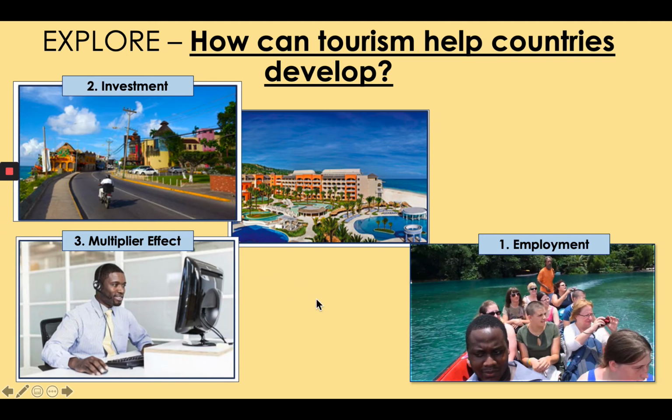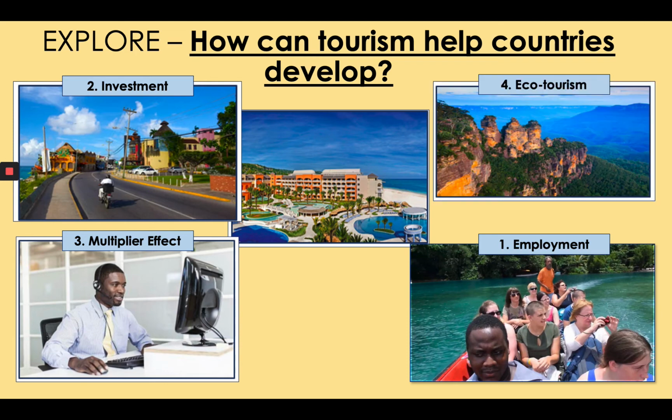Jamaican tourism can encourage people around the world to be aware of its environment and the need to protect it. Jamaica has some very rare species of birds and wildlife that need to be protected. And using tourism, people can be more aware of it and therefore want to protect it through ecotourism.